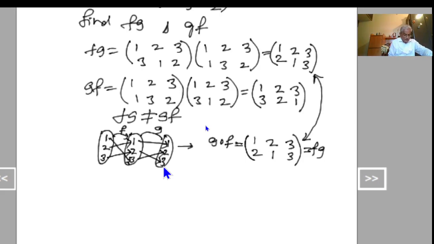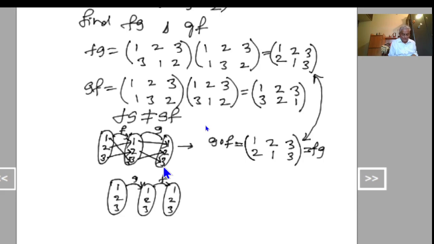Similarly, I will find out GF, the product of G and F. So this is our 1, 2, 3, 1, 2, 3. First I'll take G here and then this is my F. In G, 1 is mapped onto 1, 2 is mapped onto 3, 3 is mapped onto 2.